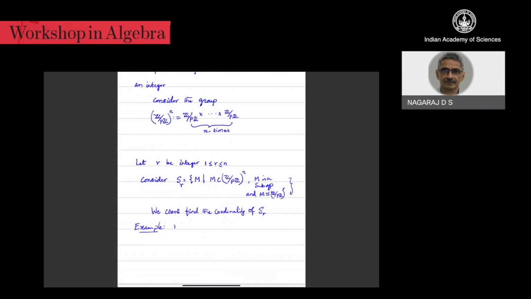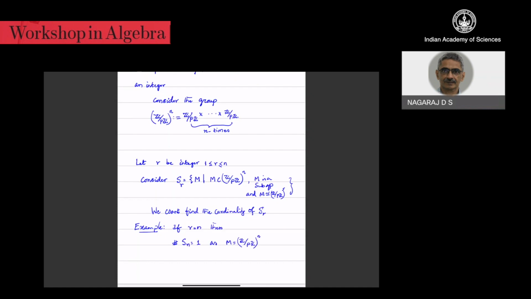if R equal to n, then there is only one, S_R is a singleton, and the cardinality of S_R is 1, as M is equal to Z mod P Z to the power n.